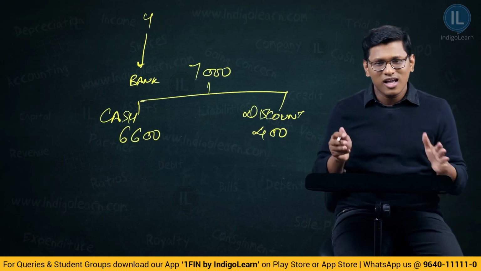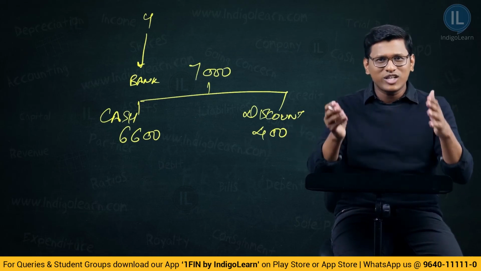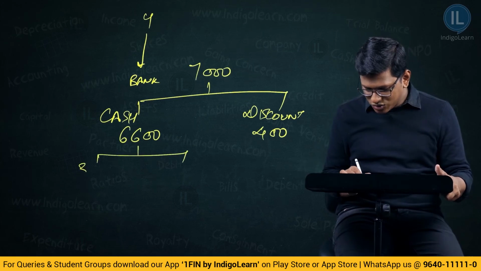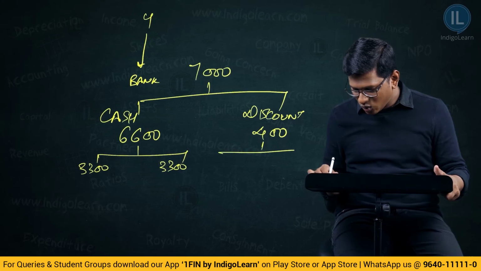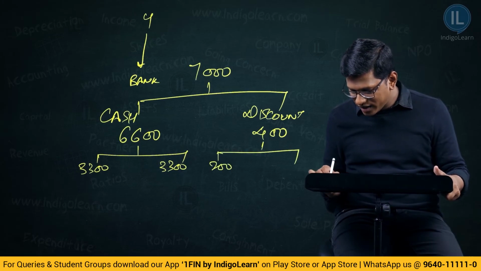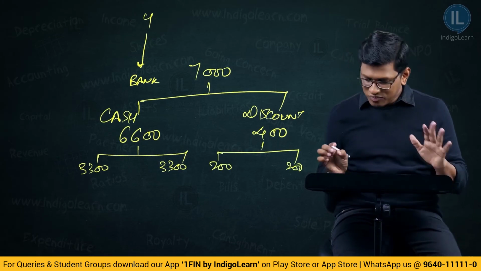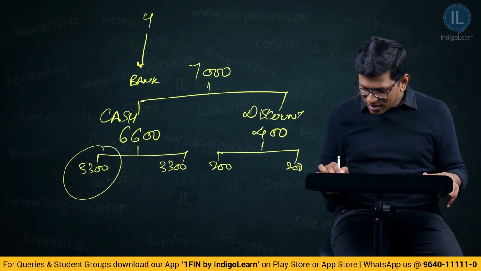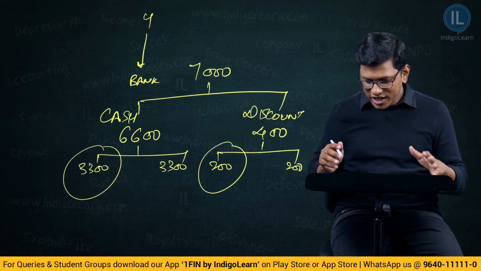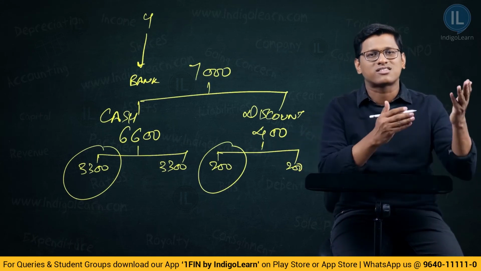Y got this amount. Half and half. Y should send it to X. Okay, calculate. 3,300, 3,300, and out of this 400, 200, 200. Strictly speaking, maybe this and this Y should send out to X.